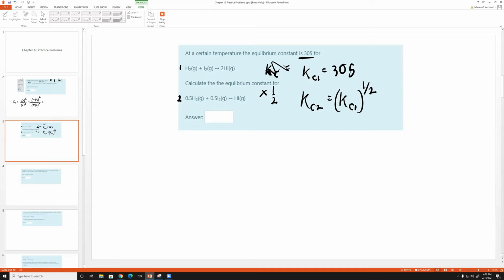It would be to the 1/2, in other words, the square root of Kc1, which is the square root of 305. This one I will calculate because it won't take too long, and it is 17.5.